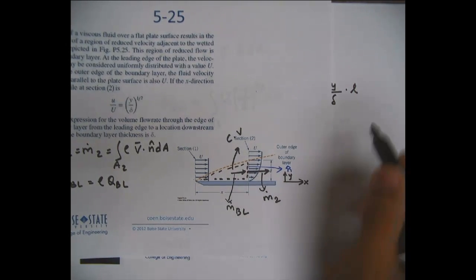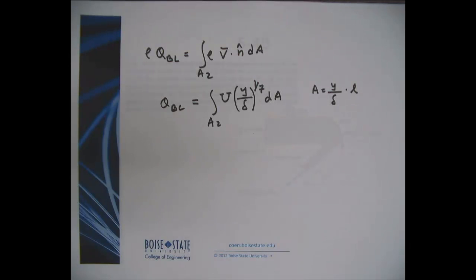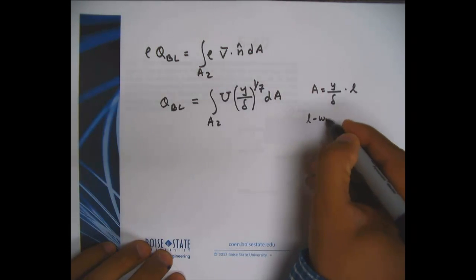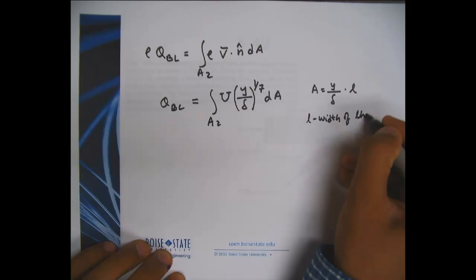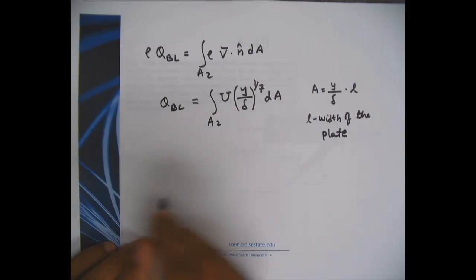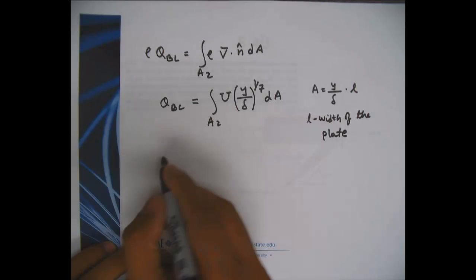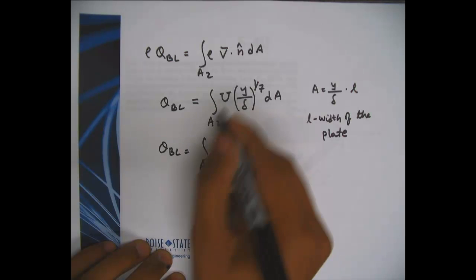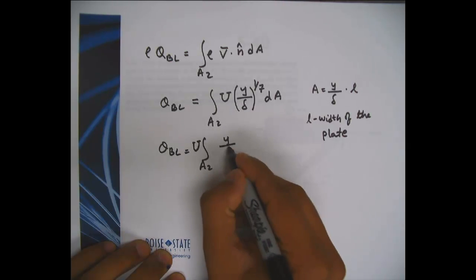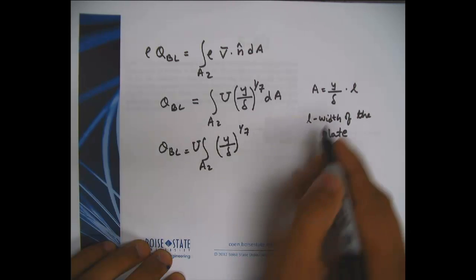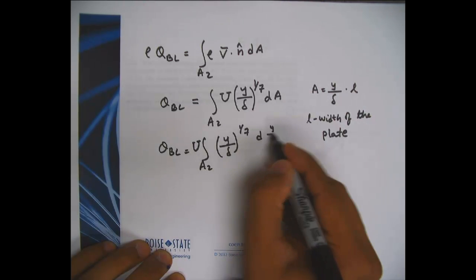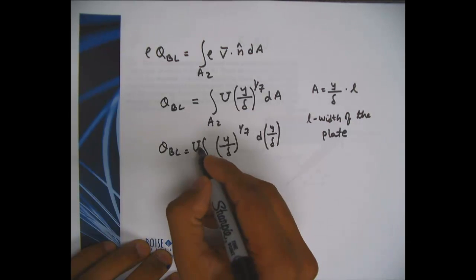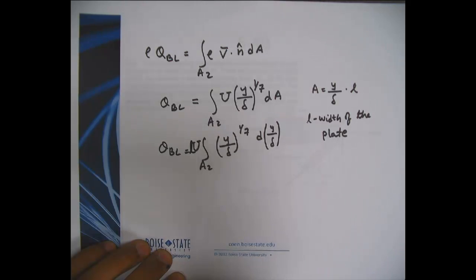It's not given in the problem, but we can assume a variable here, which is L. So Q BL is the integral over A2, U is a constant so I'm going to take it out, (y over delta) to the 1 over 7, and L is a constant, so I'm going to put it outside.